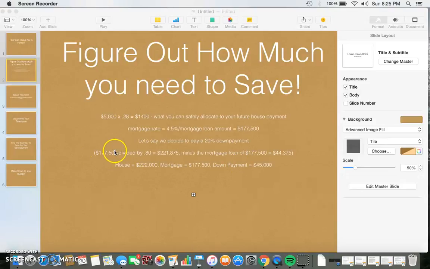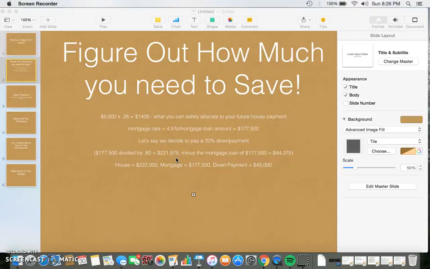And this equation right here is what we're going to use. You can see that the $177,500, which is the mortgage loan amount, you'll take that and divide it by 0.80 or 80%. And the way you get that is you would just take 1 minus how much your down payment is over here. So that equals $221,875.